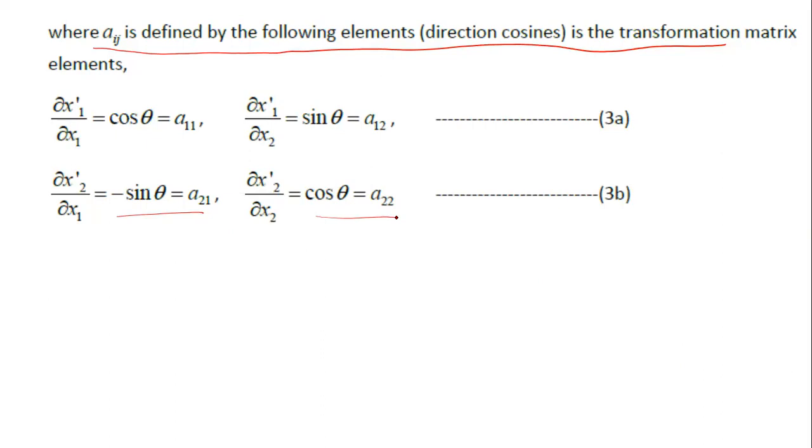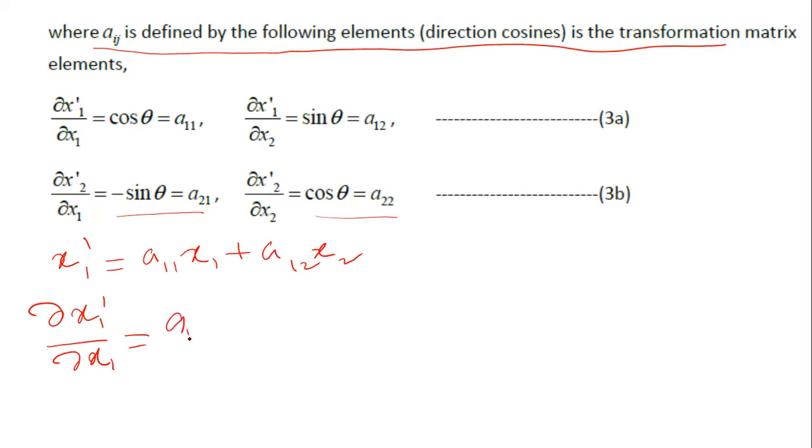So if you look at this, what was our x1 prime? If you remember what I was writing, x1 prime is a11 x1 plus a12 x2. Now you differentiate this x1 prime with respect to x1. If you differentiate that, a11 is constant, del x1 upon del x1, plus a12 del x2 upon del x1.